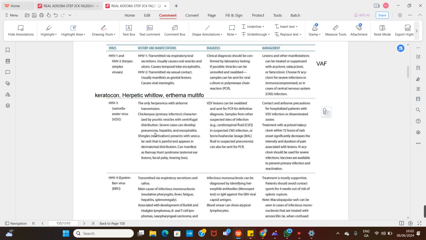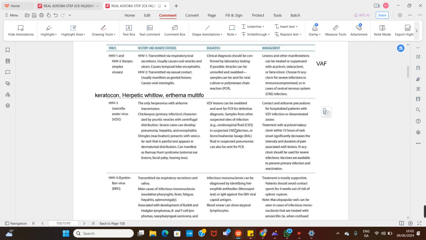So if there's meningitis, there's encephalitis, you can take your CSF sample and send it for PCR analysis. If there's pneumonia, you can take a bronchoalveolar lavage of the respiratory tract, and you can send that for studies. You can do your PCR to isolate the organism, right? But most of the time, don't worry yourself about all this. Just know that most of the time, the lesion is what?